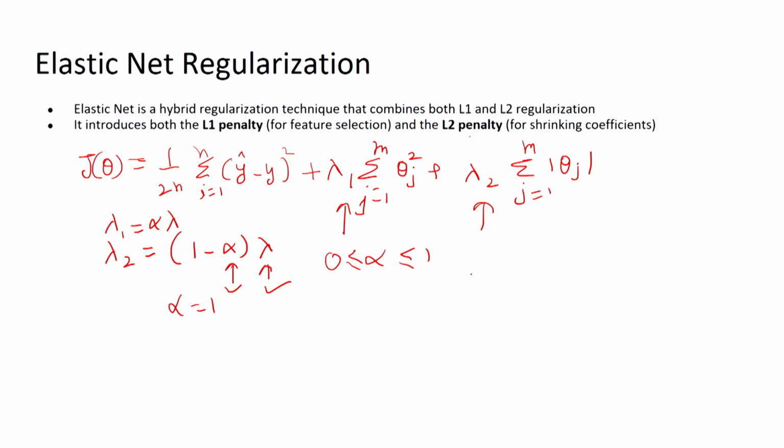Again, if it is 0, you are not using any regularization in your model, and if its value is high, then you want strong regularization in your model. So this is elastic net regularization. We have seen 3 types of regularization: L1 regularization, L2 regularization and elastic net regularization.